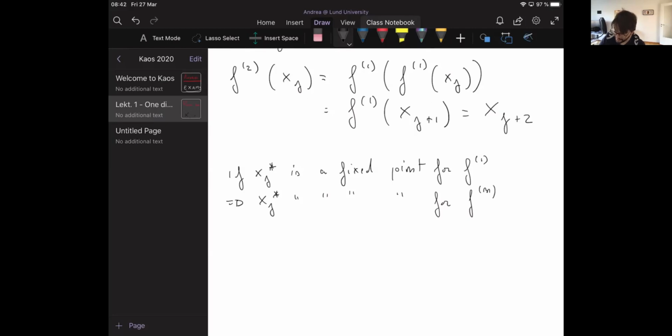And this being xj a fixed point, this is equal to the first return map of xj star plus 1. So it will be the next iteration, but the fixed point will be exactly the same. And then this will be x star of j plus 2. The index now only tracks the time, but the value of x star is always the same. And this is true for any nth map.